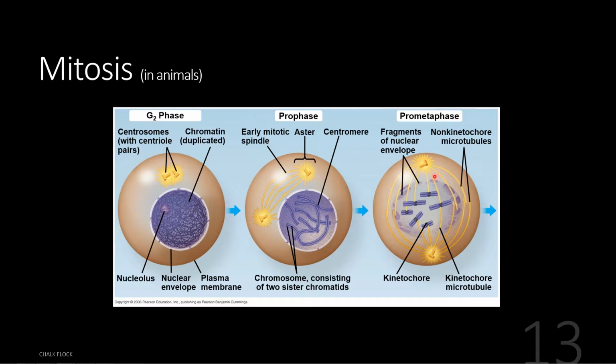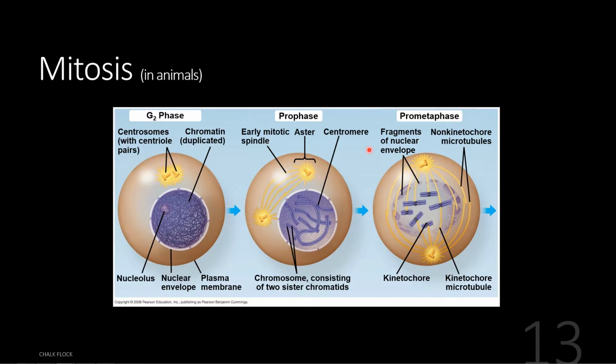Then you get these lines that come out from the asters, and these lines are actually microtubules. These microtubules hook up to the centromeres. What were the centromeres again? Yes, the centromeres were the part of the chromosome that links both of the sister chromatids together.